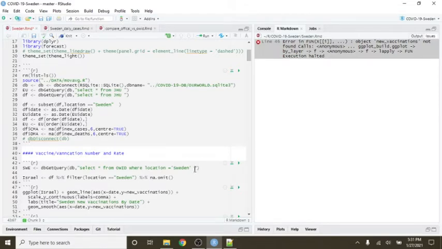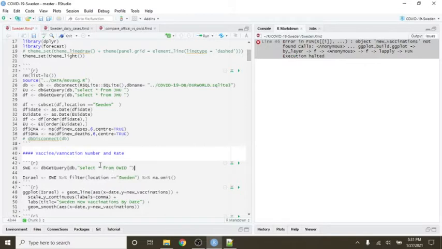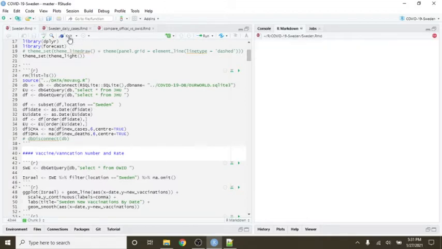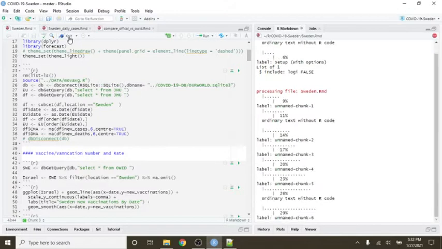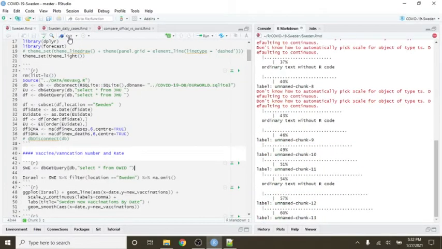Let's get rid of this, and we'll do it down here instead. Now this should work. Let's try it again. Oh, it's looking good.